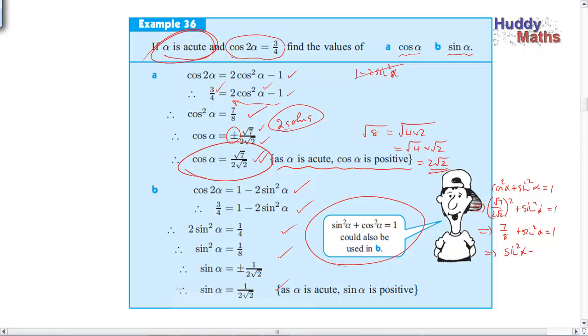So sine squared alpha is 1 take 7/8, which is an eighth. So sine is plus or minus 1 over root 8. But here it's in the first quadrant, so it's only the positive answer, 1 on root 8, which is 1 on root 2. So it's another way of doing it, isn't it? When you've got a cos and you want the sine, you can always go to this unity because it equals 1.